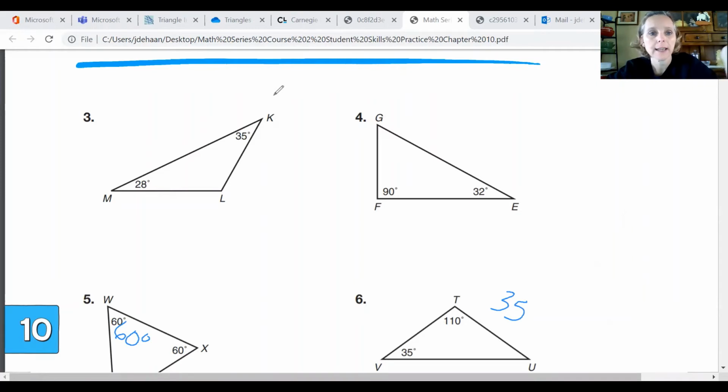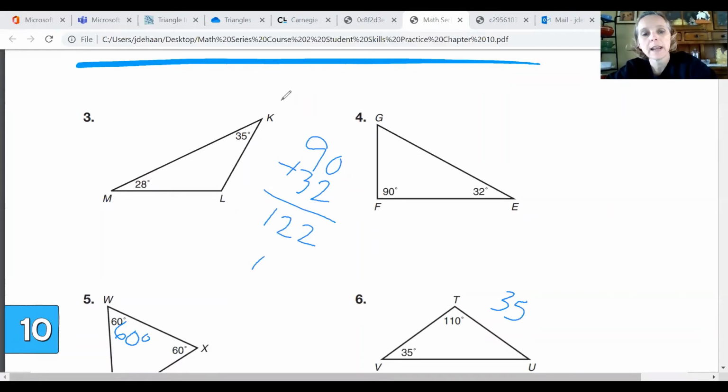Let me annotate again. Number 4, if I take 90 plus 32, I get 122. Okay, and then I can do 180 minus 122, and I get 58.